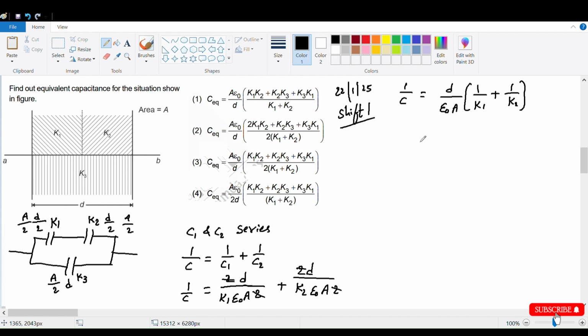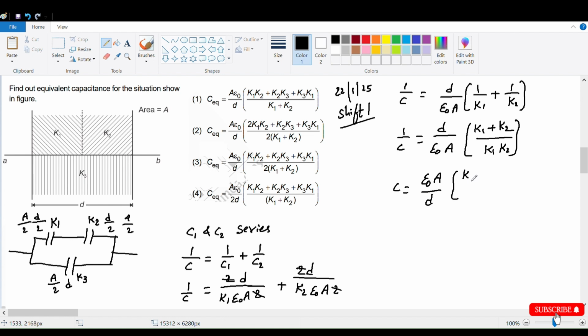So let's do the LCM. 1 by C is equal to D by epsilon naught A times K1 plus K2 by K1 K2. So C is equal to epsilon naught A by D into K1 K2 by K1 plus K2.